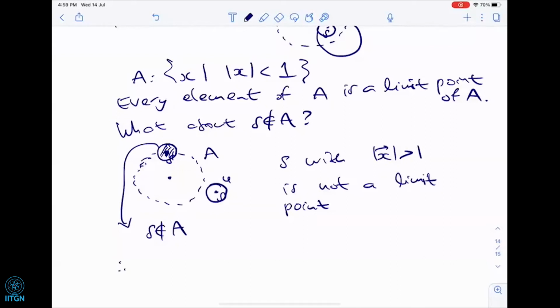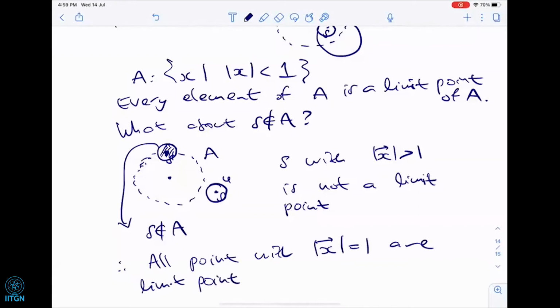So therefore, all points with mod x equals 1 are limit points of the open disk A. Got it? So this is a key result. As I said, these points don't belong to A, but they are limit points of A. This is the very important fact.